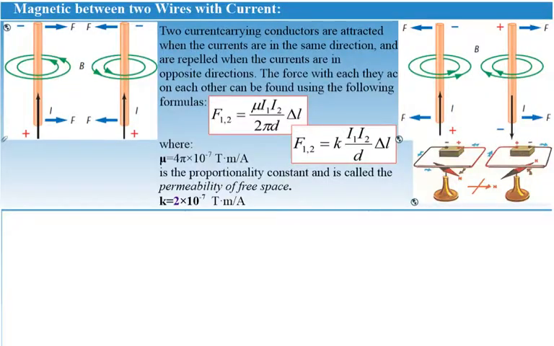Also, when you have two wires and each wire has a current, there is a magnetic field around each wire. When you place them next to each other, they interact with each other. The magnetic field line of the wire on the right is coming out of the page on this side and going into the page on the other side.